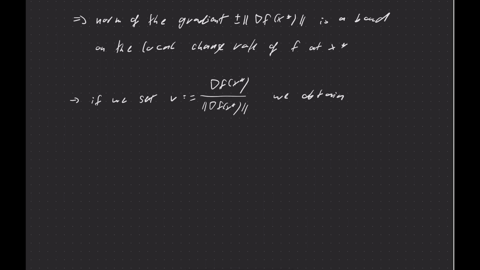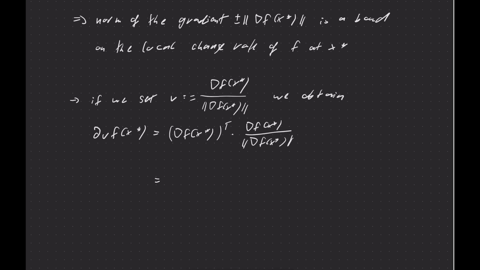Well, what we obtain is dv of f at x star for that particular direction. Well, that is then precisely the gradient transposed times v, and v is the gradient divided by the norm of the gradient.